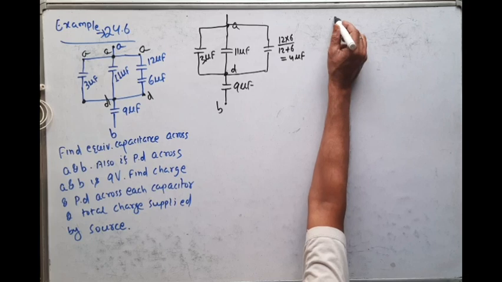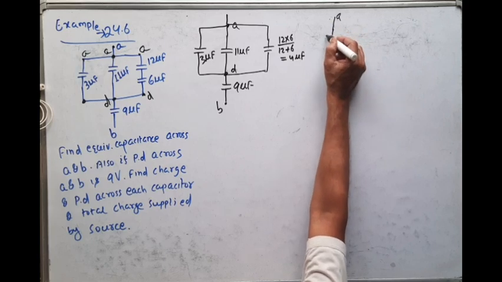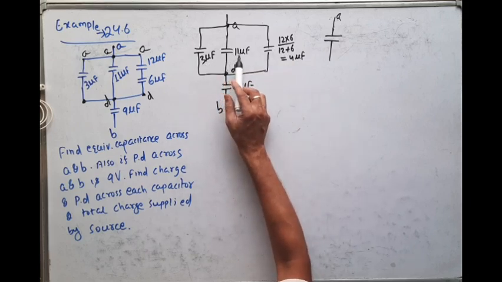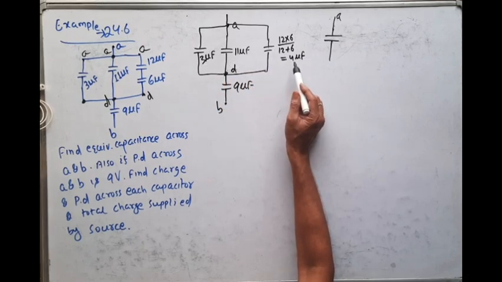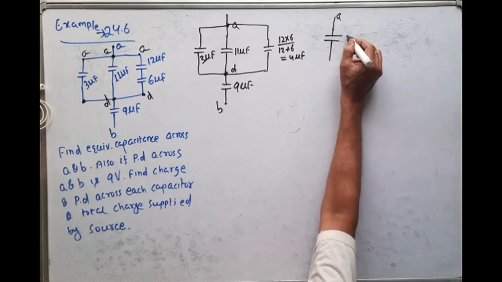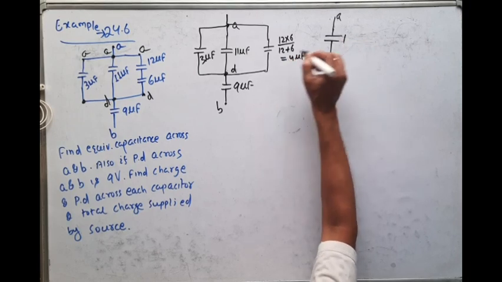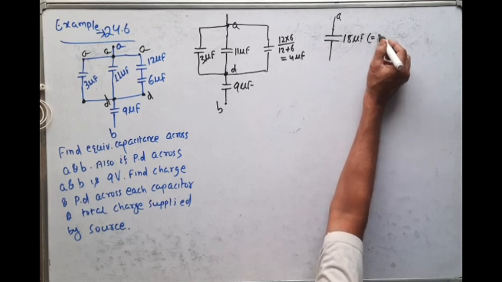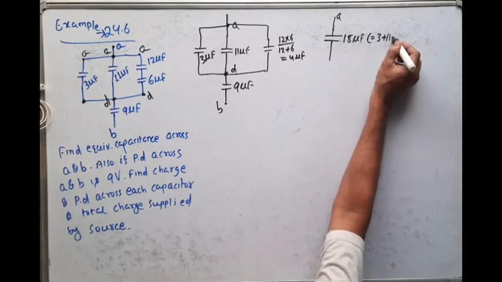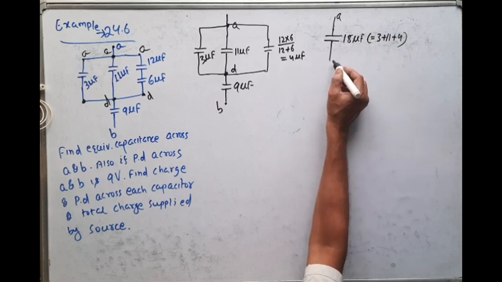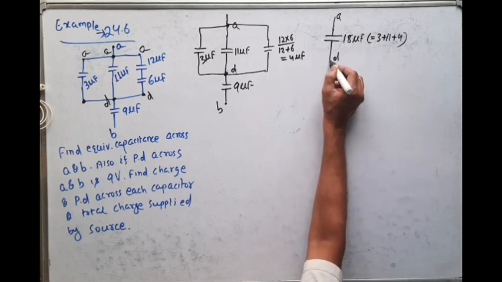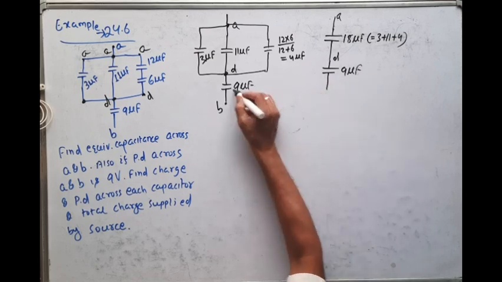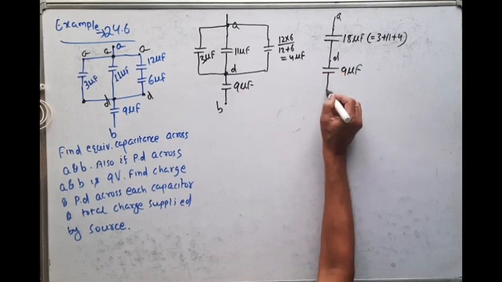For parallel connection, the equivalent is nothing but the sum of the individuals, that is 3 plus 11 plus 4, which is 18 microfarad. And this point is D, and this 9 microfarad is connected between D and B.